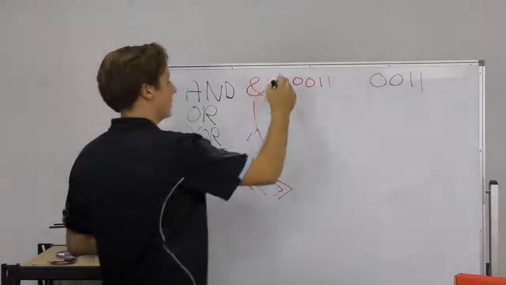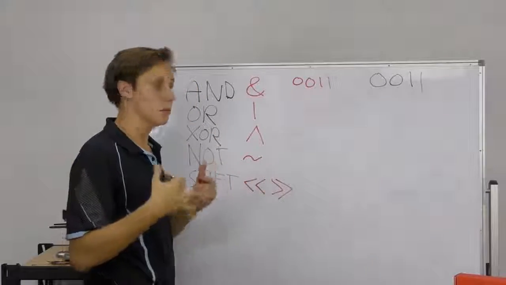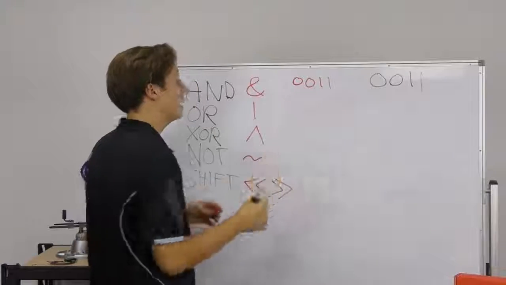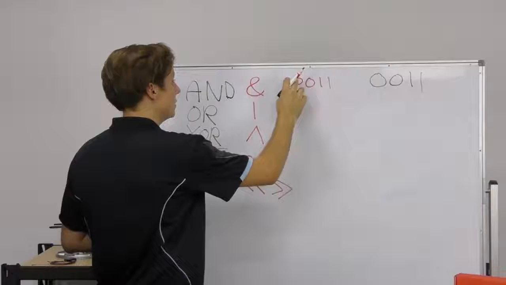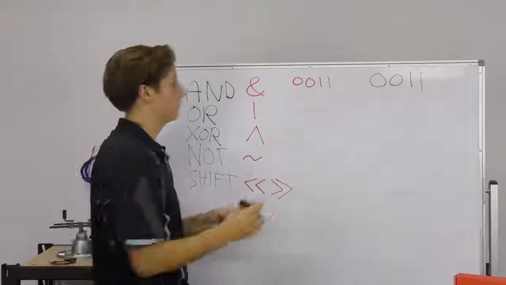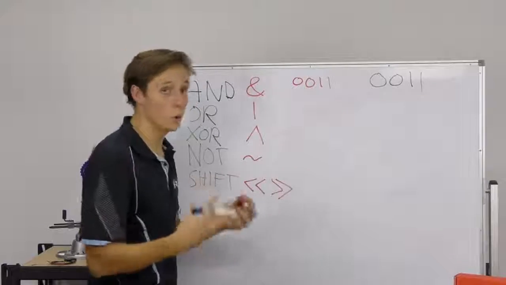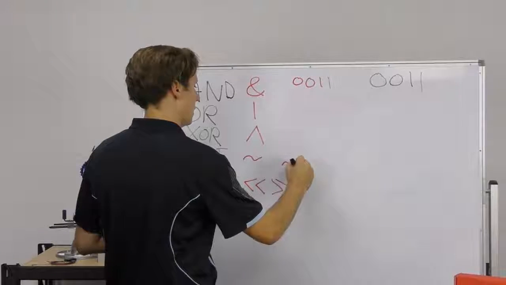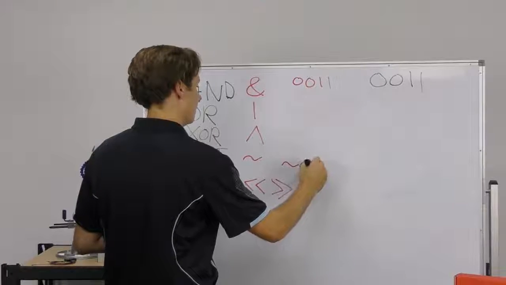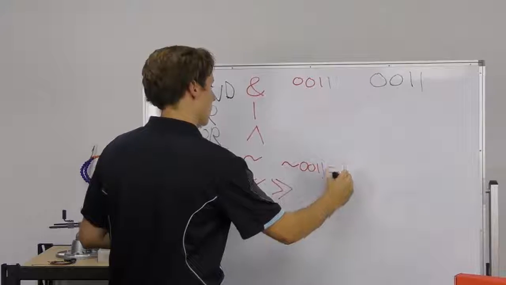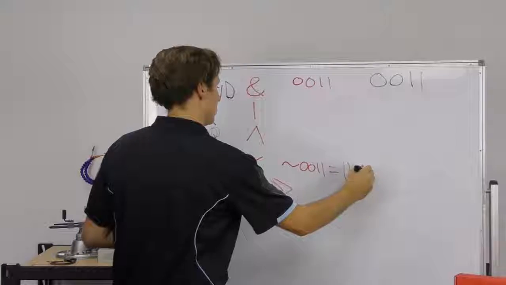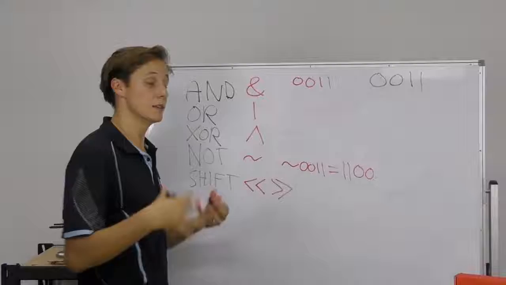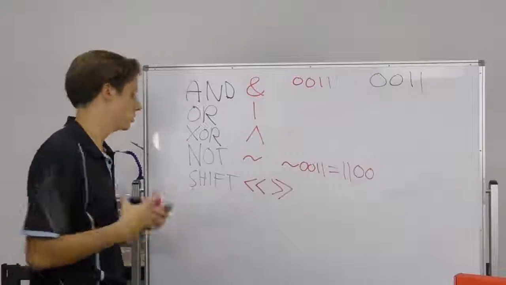NOT simply inverts whatever number you're using, and it goes to each bit and inverts it, saying if it is a 0, then it is not a 0, which is a 1. And if it's a 1, then it becomes not a 1, which is a 0. So our output for NOT, if we performed it on this number, would equal 1, 1, 0, 0. It inverts the bits and flips them. Pretty self-explanatory, it's really cool.